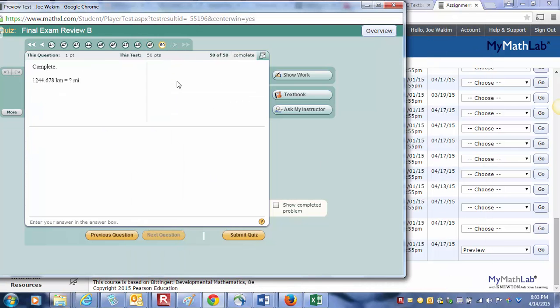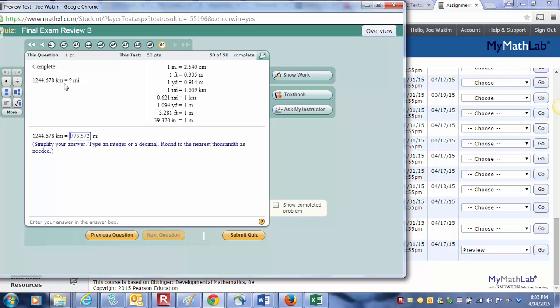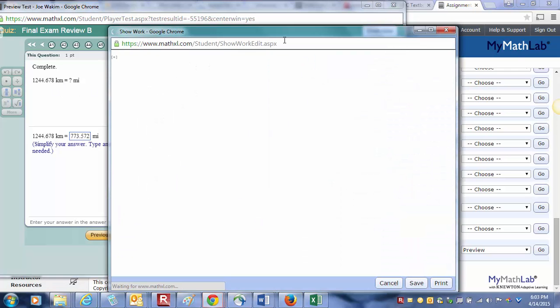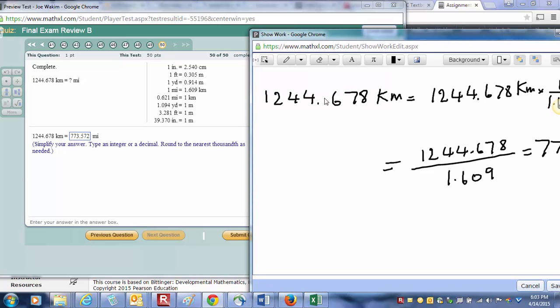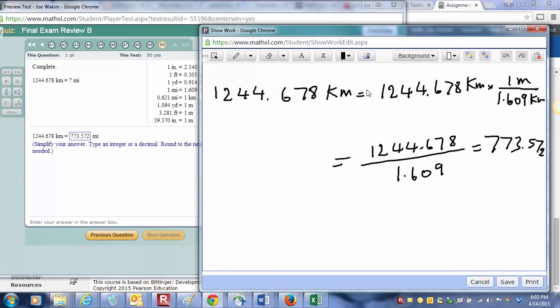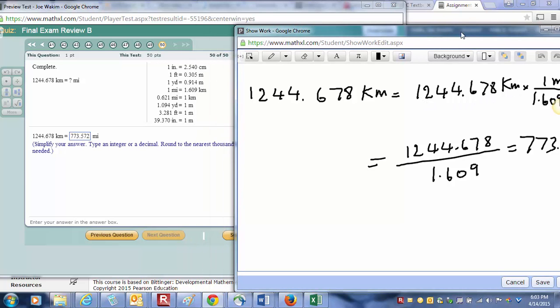And number 50. We're changing kilometers to miles, so I do the same thing I did before. I rewrite the number 1244.678 as equal to 1244.6. Now I have kilometers. I know that 1 mile is 1.609 kilometers.